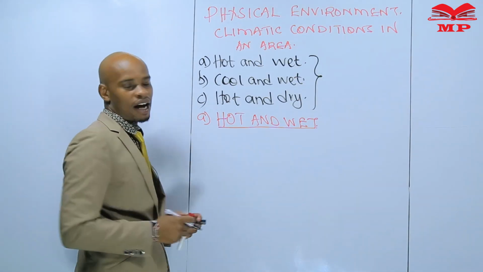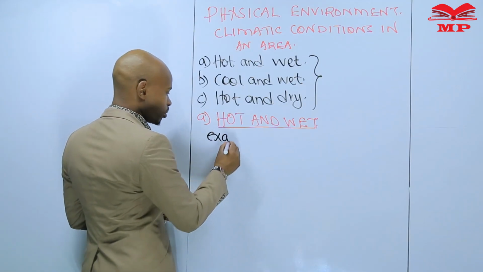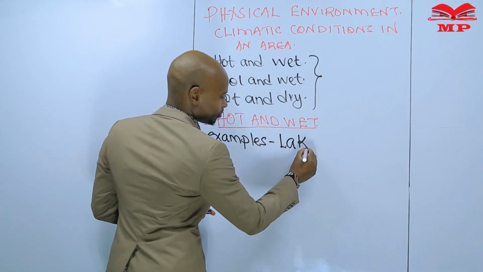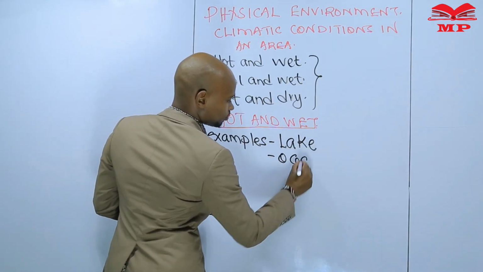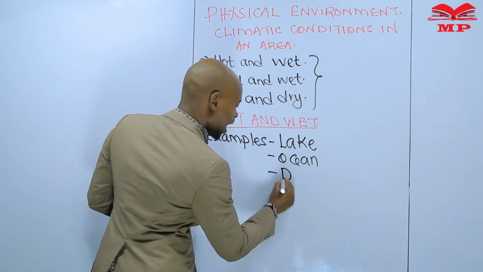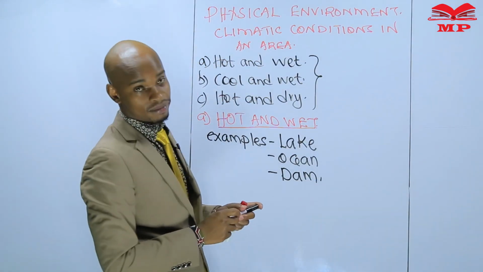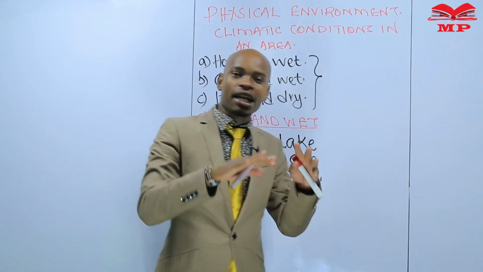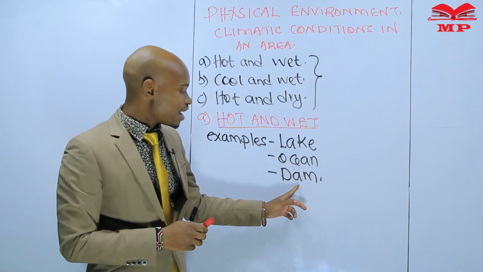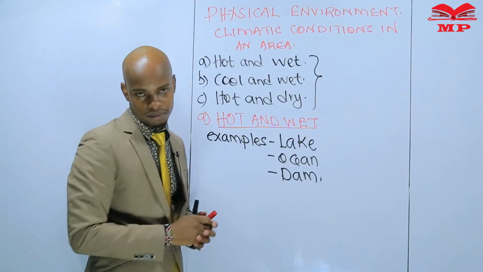And if in that map you happen to see a lake, or an ocean, or a large water body like a big dam, then that area near the lake, near the ocean, or near the dam will experience hot and wet conditions.